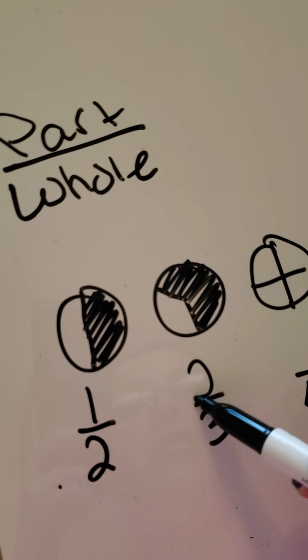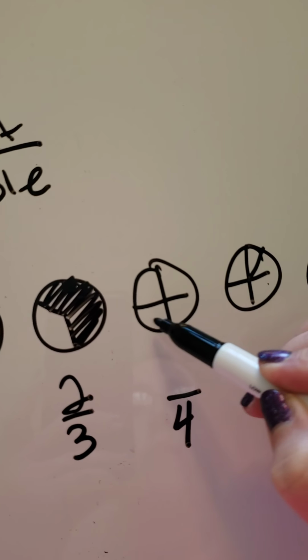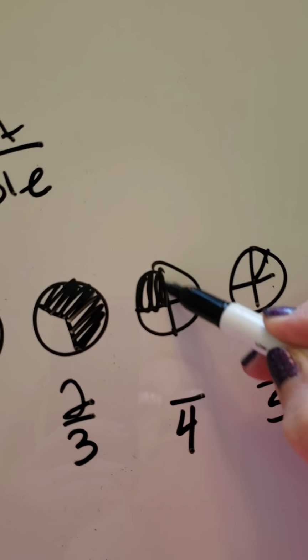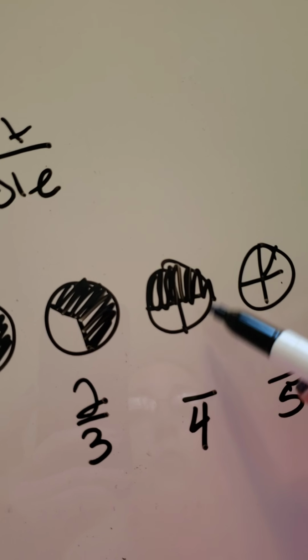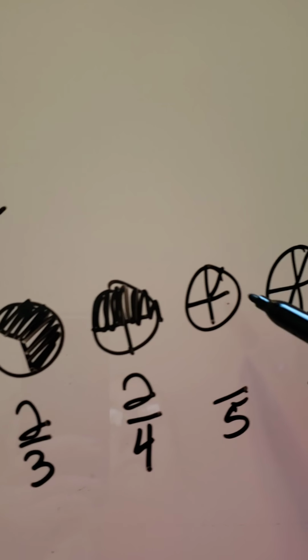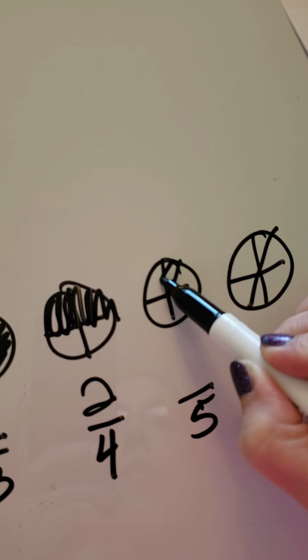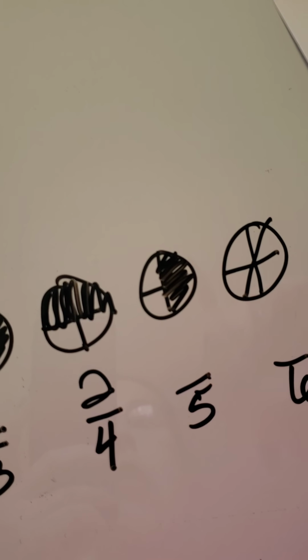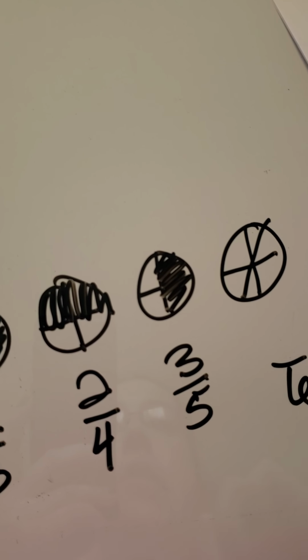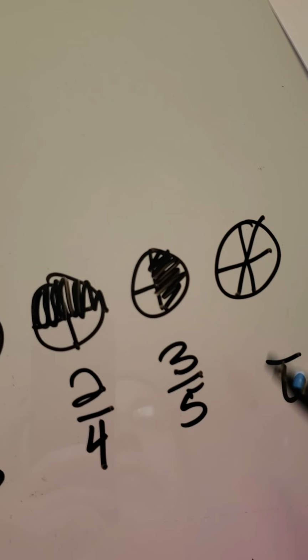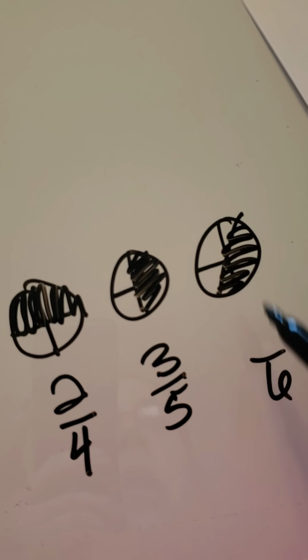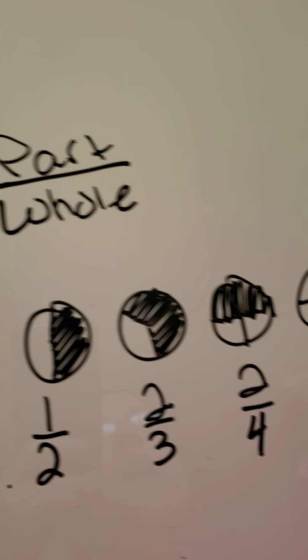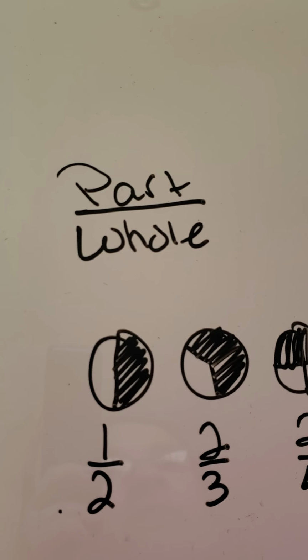Over here, I ate 2 pieces out of a 4-piece pie. Over here, 3 pieces out of a 5-piece pie. And over here, 3 pieces out of a 6-piece pie. And that is how you get a fraction.